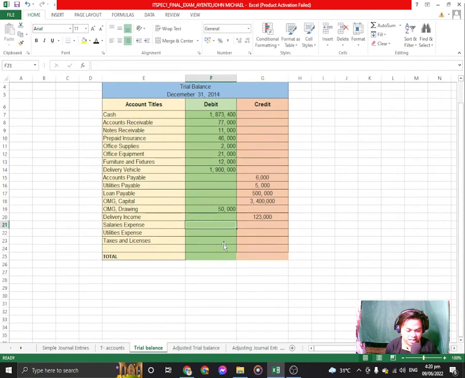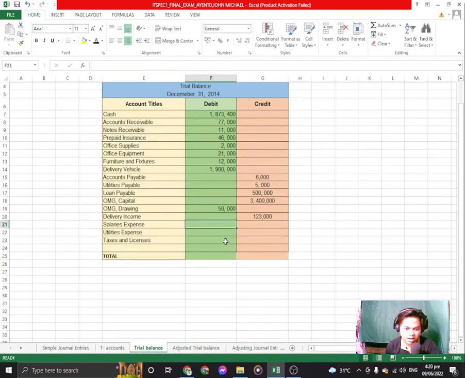And then for the salaries expense, we have 27,800 pesos. And for the utilities expense, we have 8,500 pesos. And then also for the last taxes and licenses, for the debit belongs to the amount of 5,300 pesos.